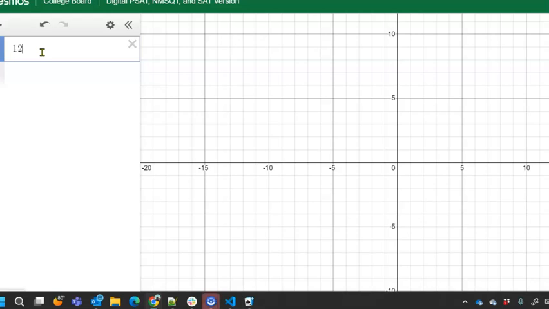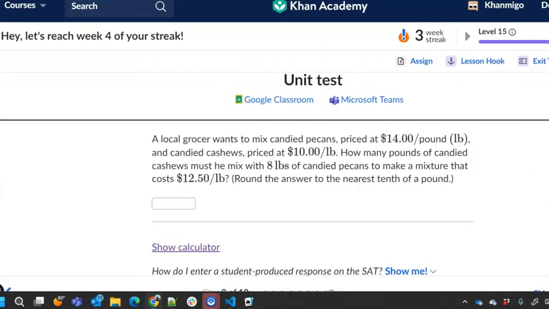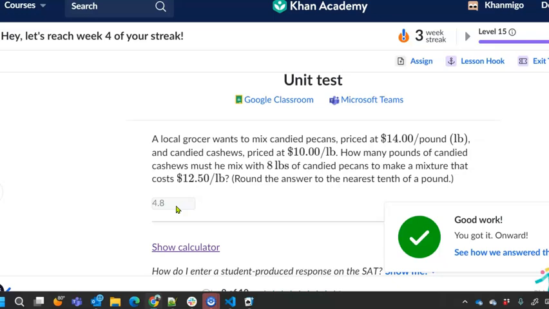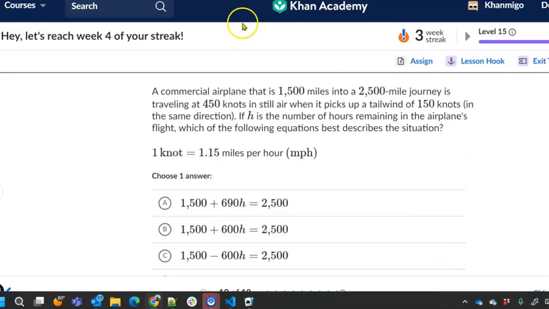I don't know. 12 divided by 2.5, 4.8. All right. Well, if we set up those equations correctly, then the answer is 4.8. Okay.